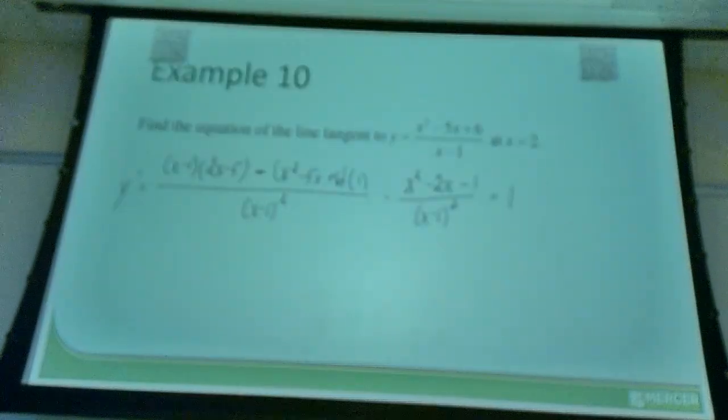So that should just be 1. That's, I plug in 2 without doing all that.